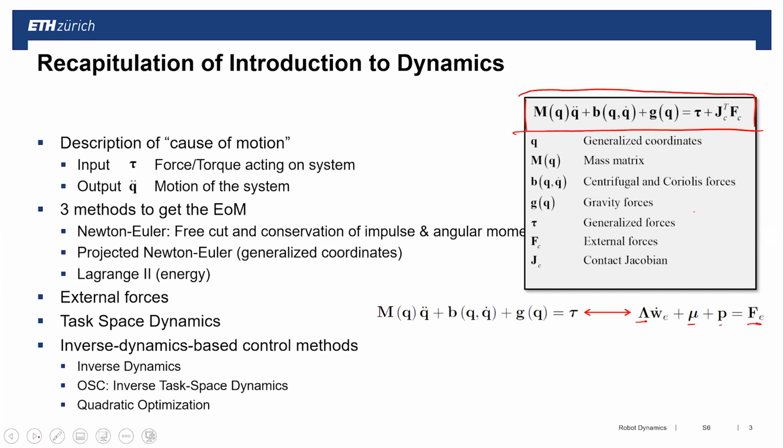And then we looked at the control methods, which allow us now to leverage this description that we have, this model knowledge, and build a controller that uses that in order to identify what kind of torque I have to generate in order to move my system in a certain way while compensating for the dynamics of the robot.